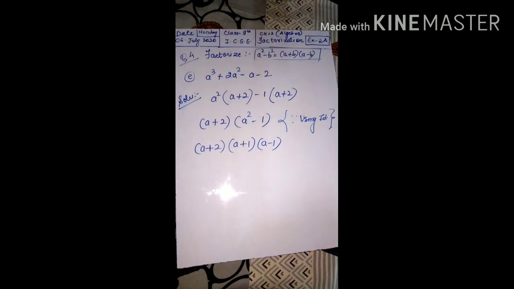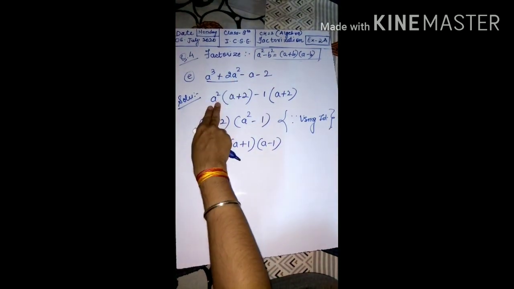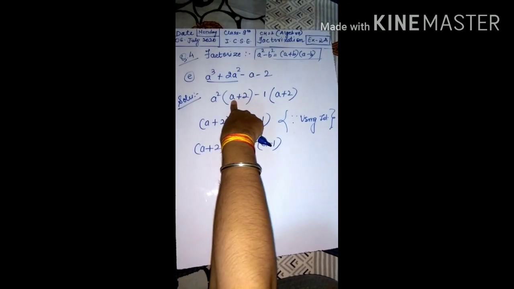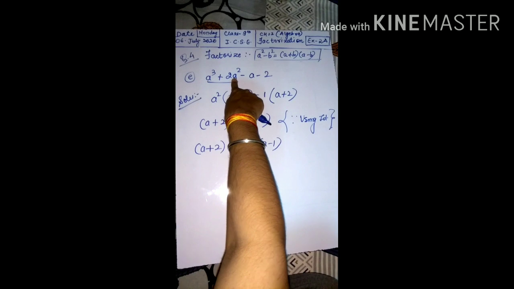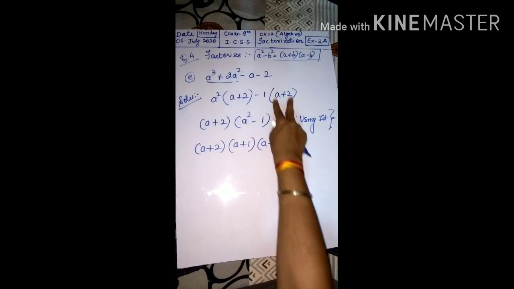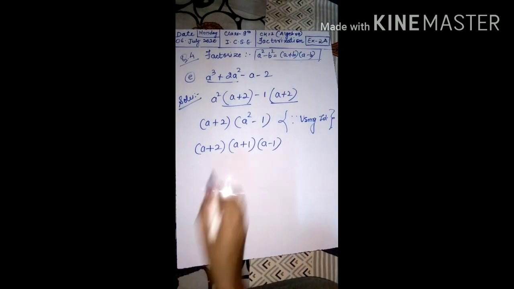Okay, this is the E question. Given a cube plus 2a square minus a minus 2. What I've done, this is already arranged. I've taken a square common from these. If a square is taken common from a cube, we'll get a, and from 2a square we'll get 2. Then minus 1 is taken from these two, so we'll get a plus 2. Now a plus 2 and this a plus 2 again we can take common.